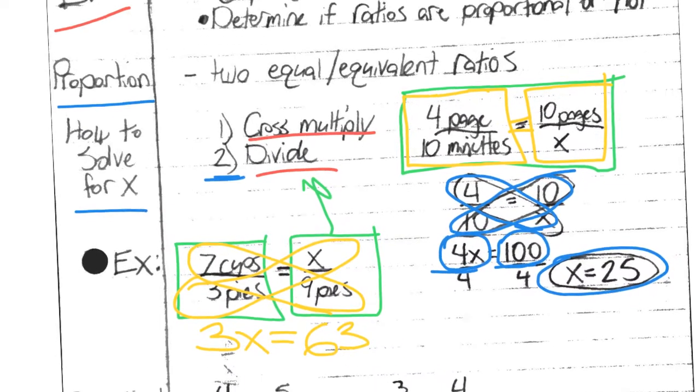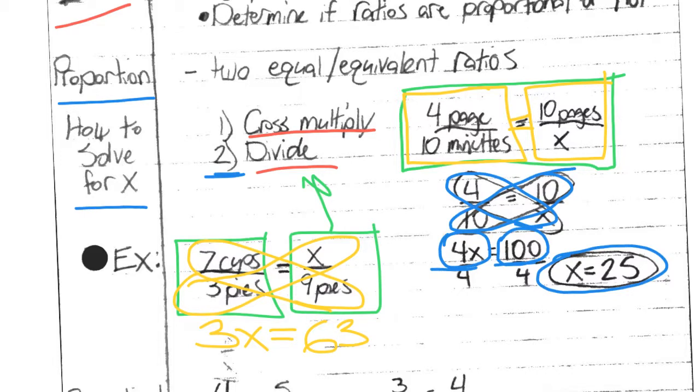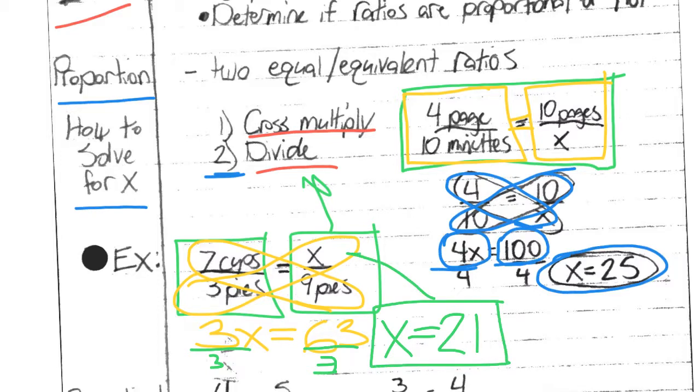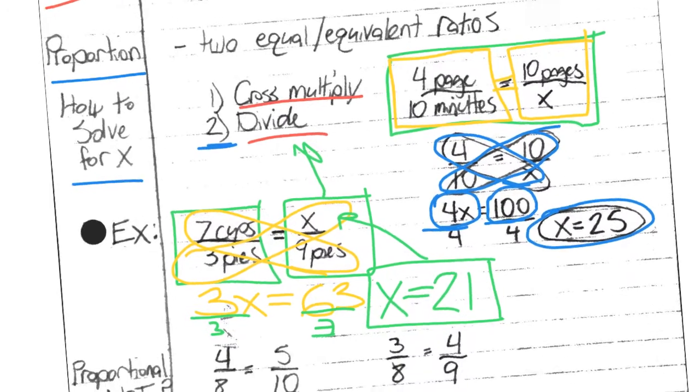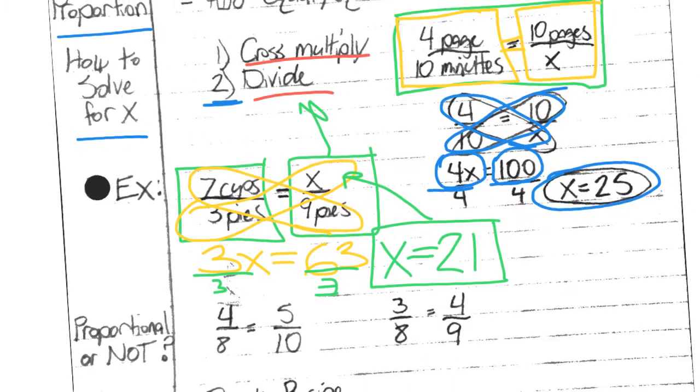So I need to divide by 3, divide by 3, and then I get x equals 21. So that would be my missing piece back up there. So cross multiply and divide. Easy peasy.